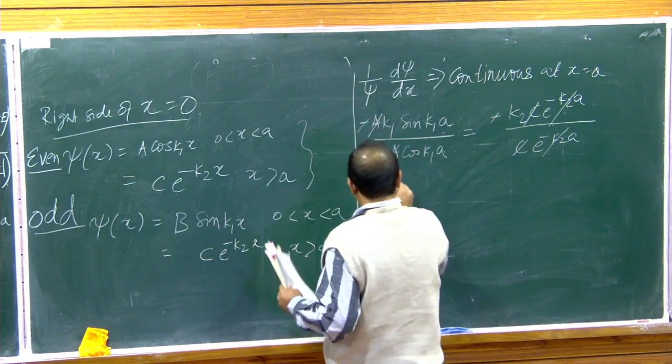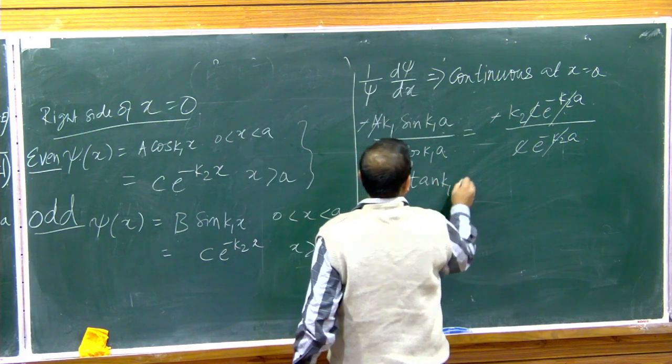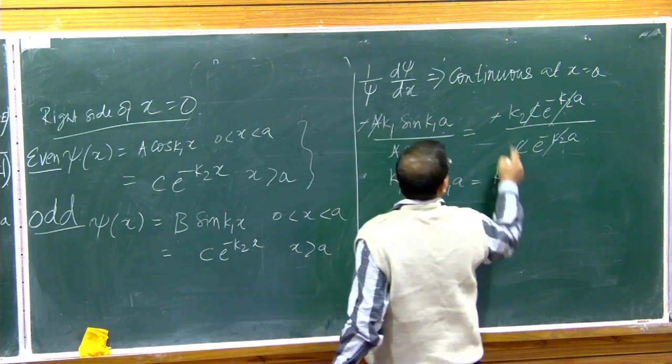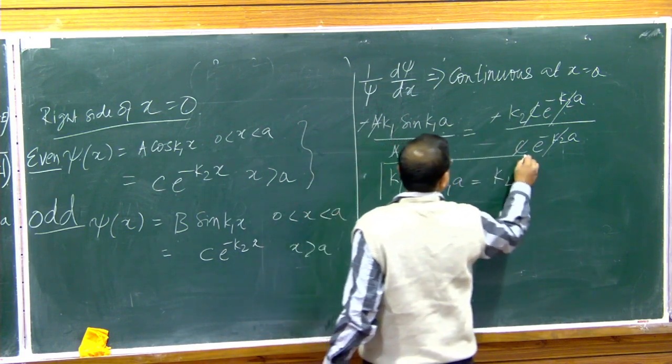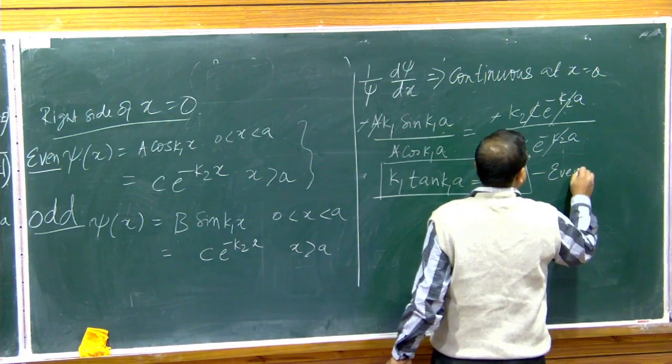What you get is that k1 tan k1 a is equal to k2, which is coming from here. So this will give me the even states.